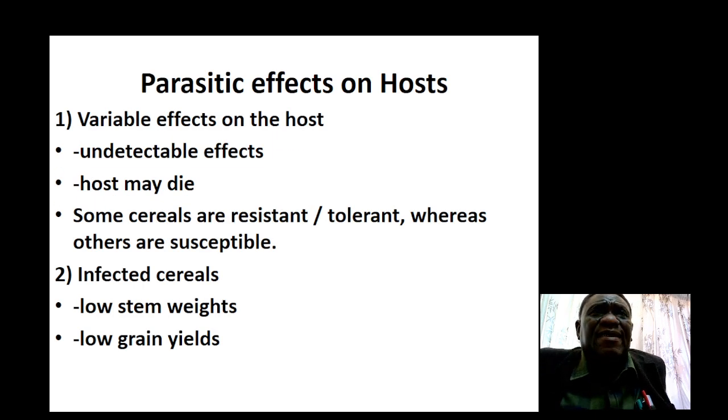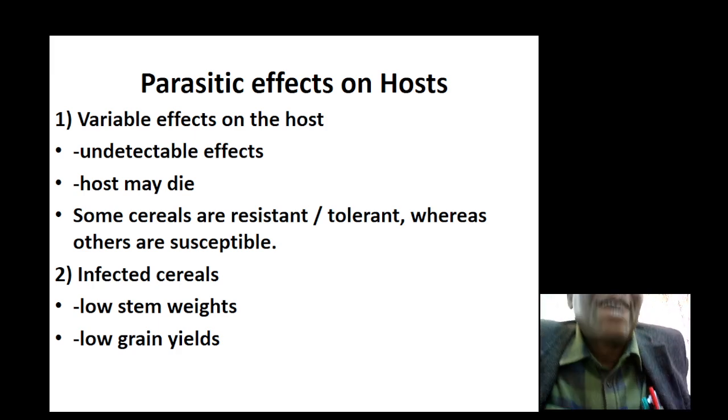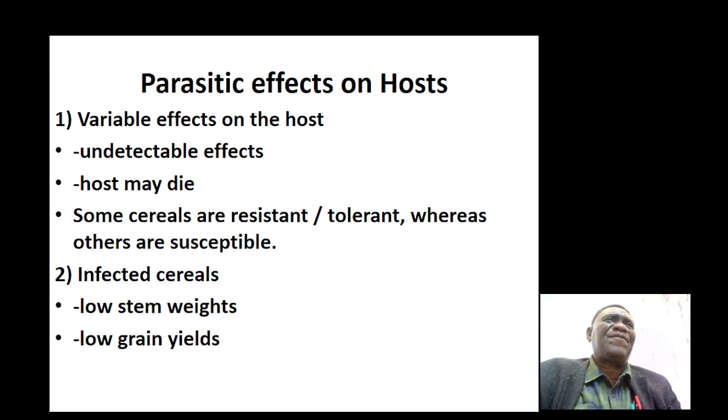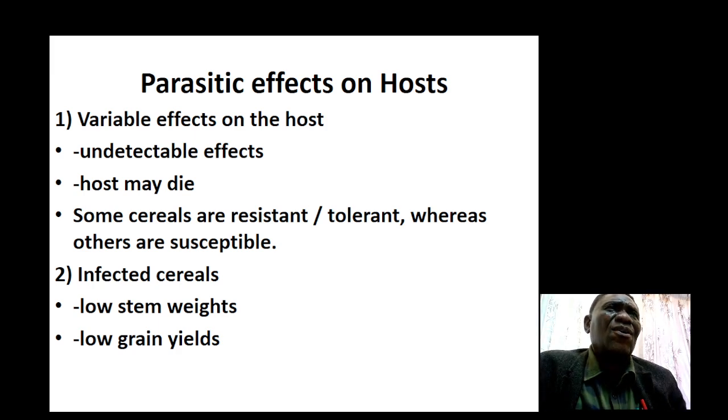Now let us wind up by looking at the effects of the parasite. Now the effects of the parasite are variable depending on the host. Sometimes you cannot see them. Maybe it's a tolerant variety or a resistant variety.